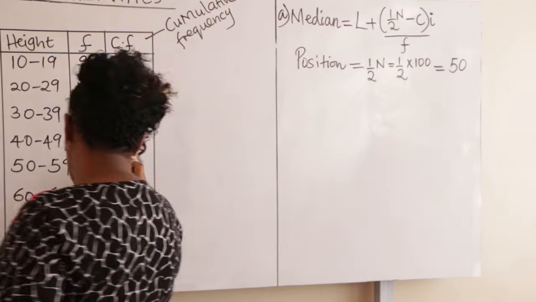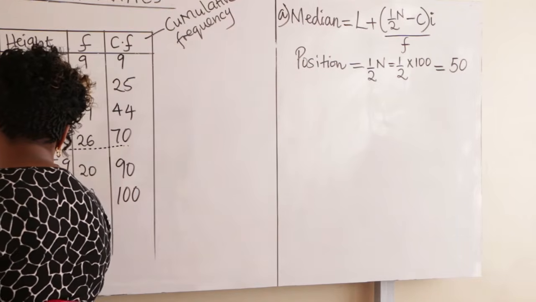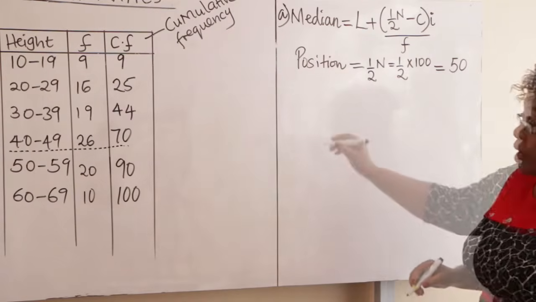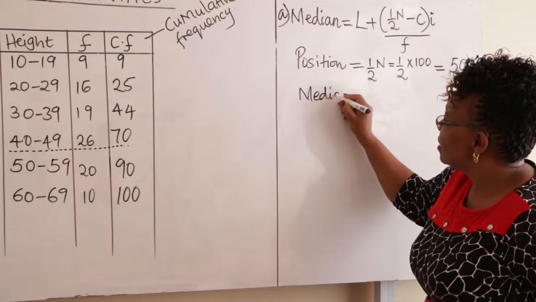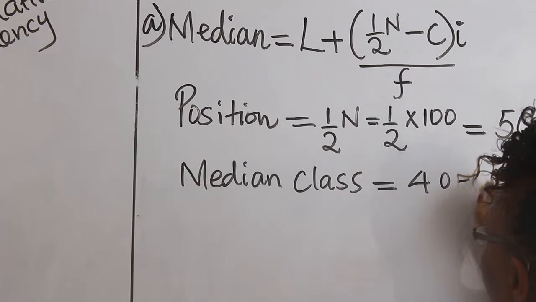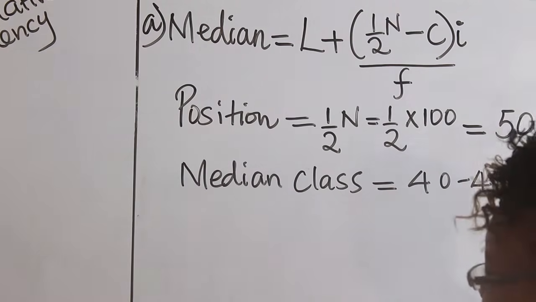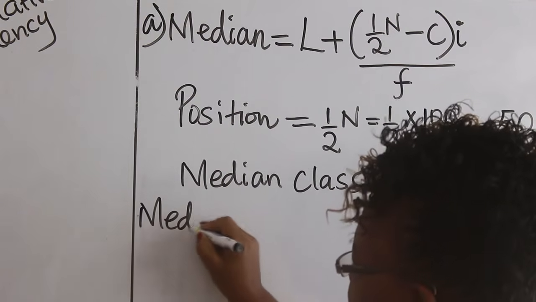And therefore you identify this row. So your median class therefore is 40 to 49. So learner, from there now, go and calculate your median.